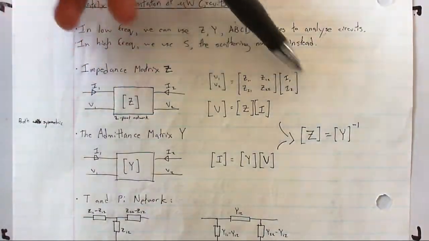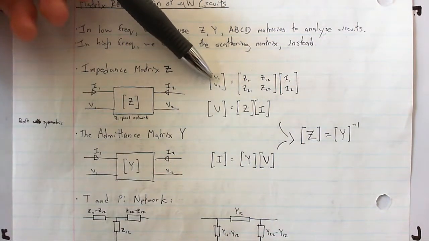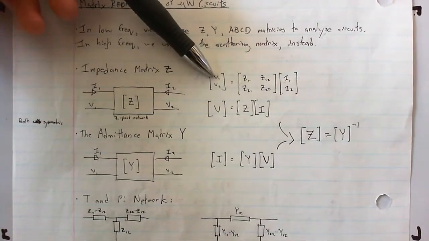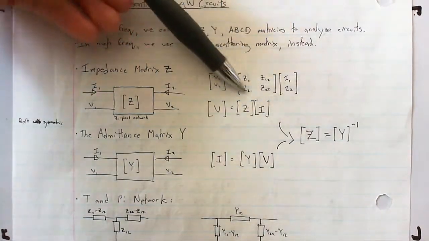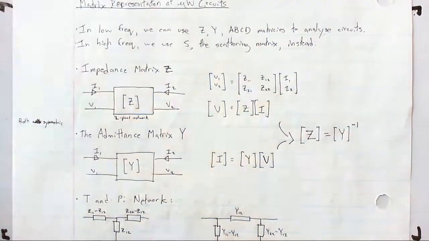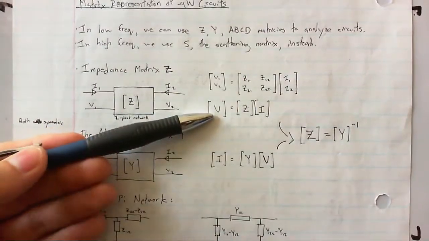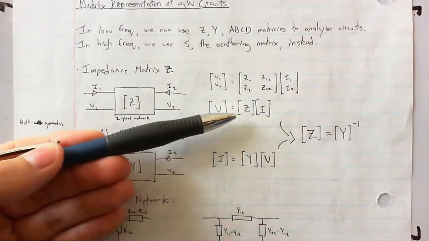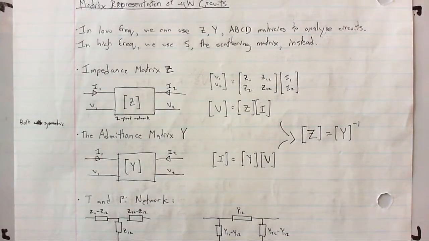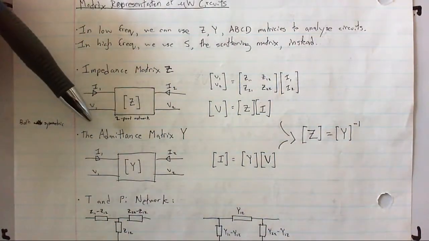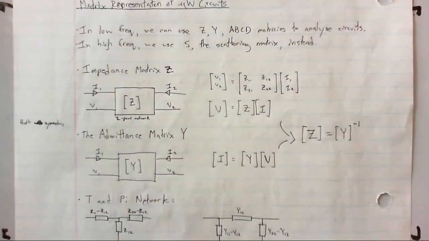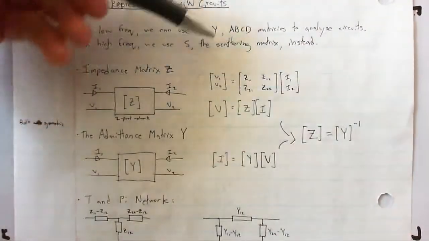So if you set it up in matrix form instead, you've got V1 and V2, the voltage at port 1 and the voltage at port 2, which is equal to some impedance matrix times the currents. Here's a more compact version of representing them. And then of course there's the opposite direction, the inverse of that, which is the admittance matrix, the Y matrix.